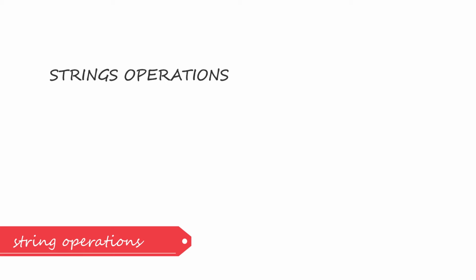The first operation is concatenation. When we join or add two strings together to form one new string, that process is called concatenation. The plus symbol is used to concatenate or join two strings together.